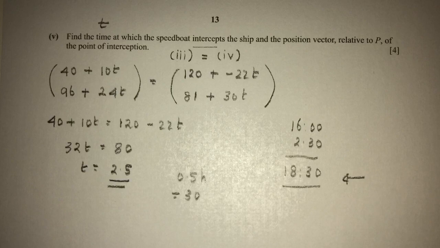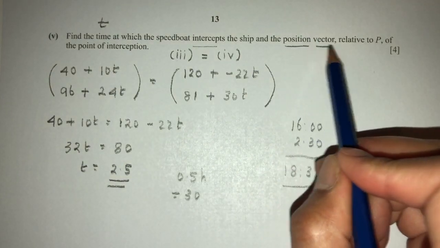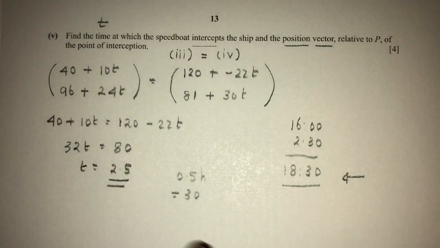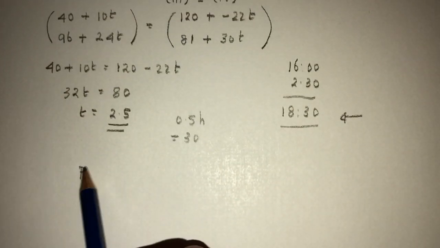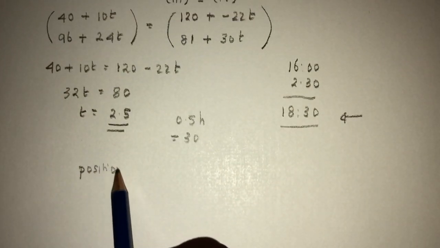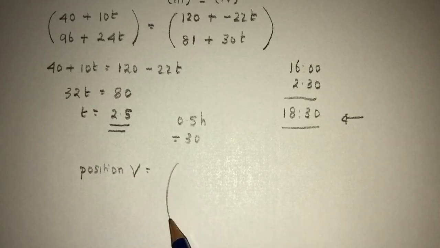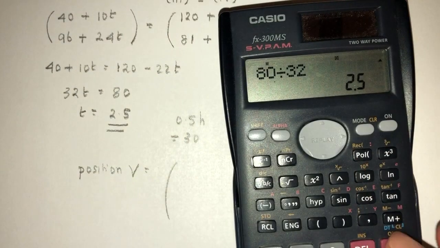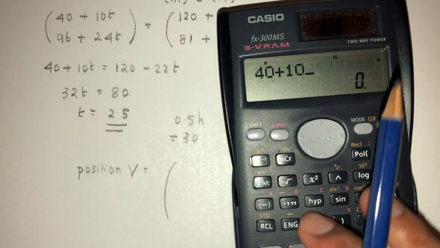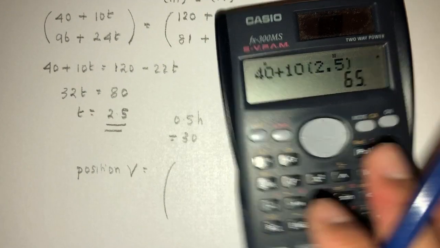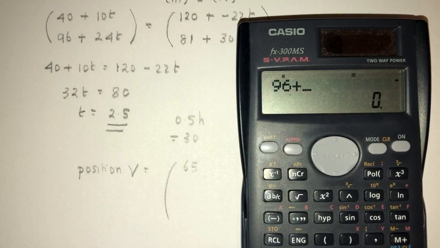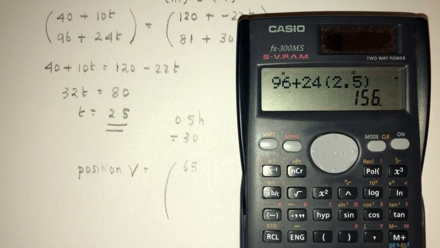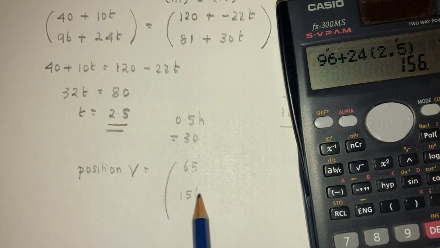I will also need to find the position vector relative to P. So pretty easy. We place the value of t in one of those. So the position vector will be what? 40 plus 10 times 2.5, that will be 65. And then 96 plus 24 times 2.5, that will be 156.